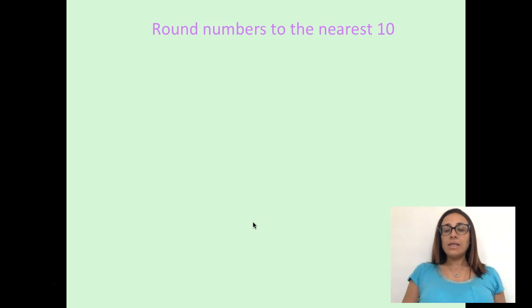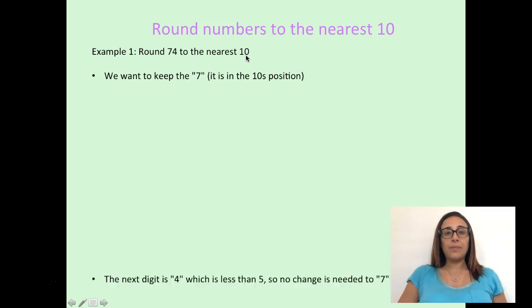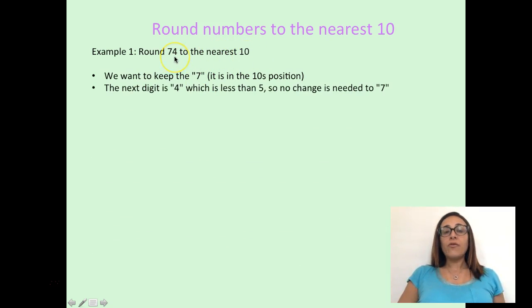We're now going to be rounding numbers to the nearest 10. For example, 74 to the nearest 10. We want to keep the 7 because it's in the tens position. Because remember, we are rounding now to the nearest 10. The next digit is a 4, which is less than 5, so no change is needed to the 7.